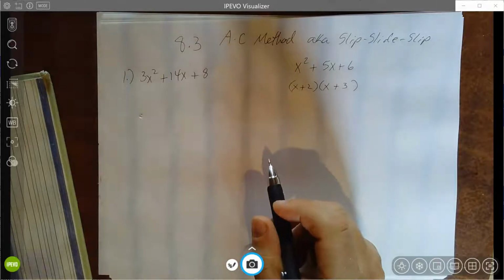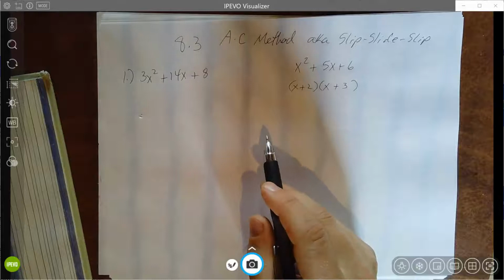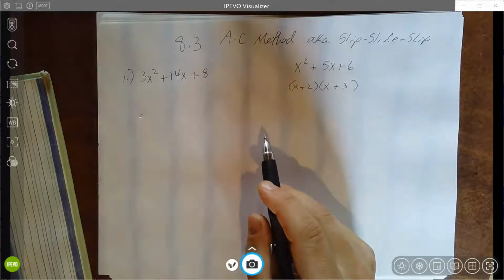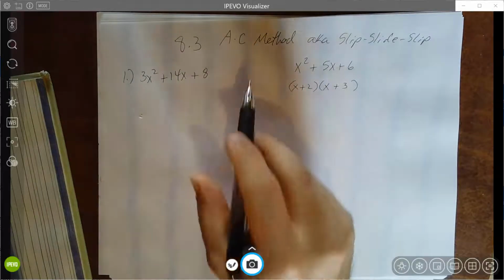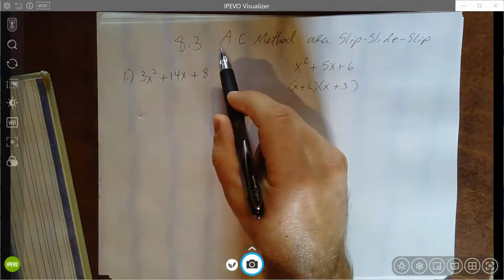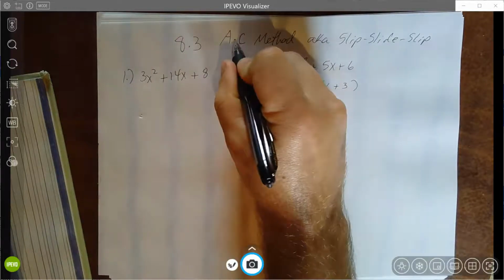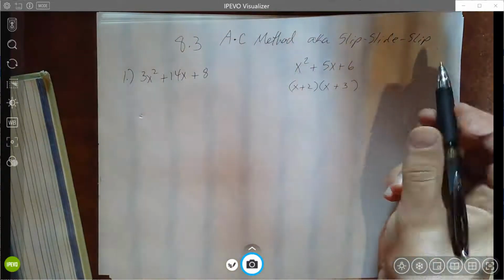There's a lot of different ways that this can be done, a lot of ways that it's taught. If you have a way that you already know well and you're good at it, feel free to do that. The method that I've kind of settled on in teaching, it seems like students grab a hold of this pretty easily. It's called the AC method, or also known as the slip, slide, slip method.